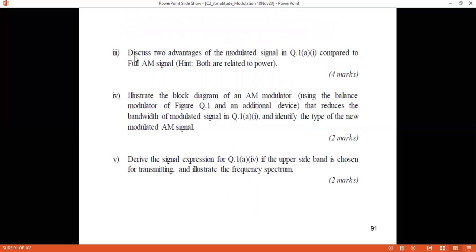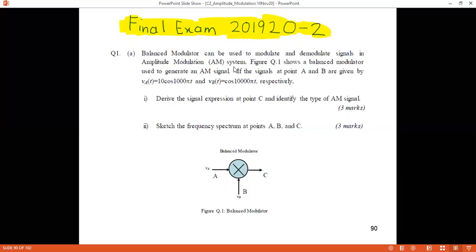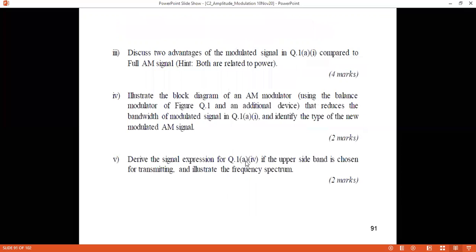And then 3, discuss 2 advantages of the AM signal generated in here. So from the block diagram, you know that it's a double sideband suppressed carrier. So what are the 2 advantages of double sideband suppressed carrier compared to full AM, related to power?